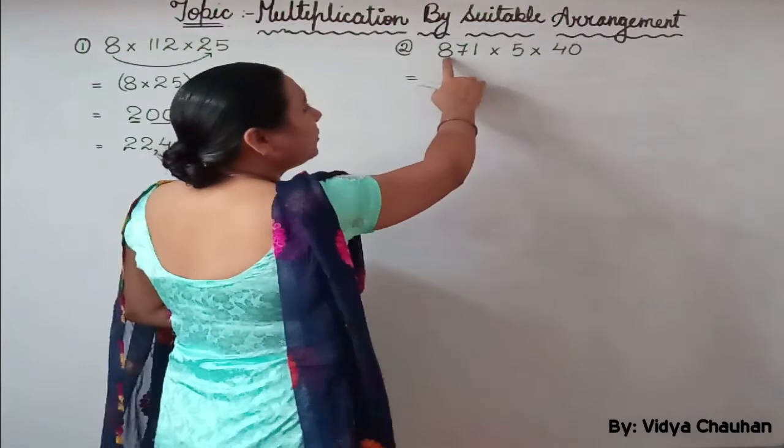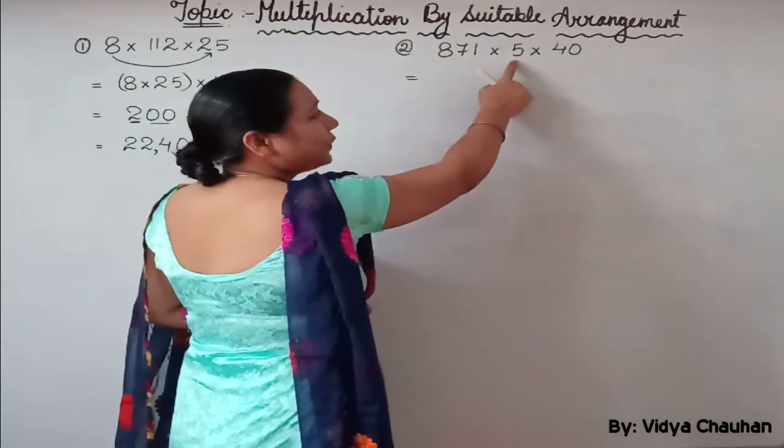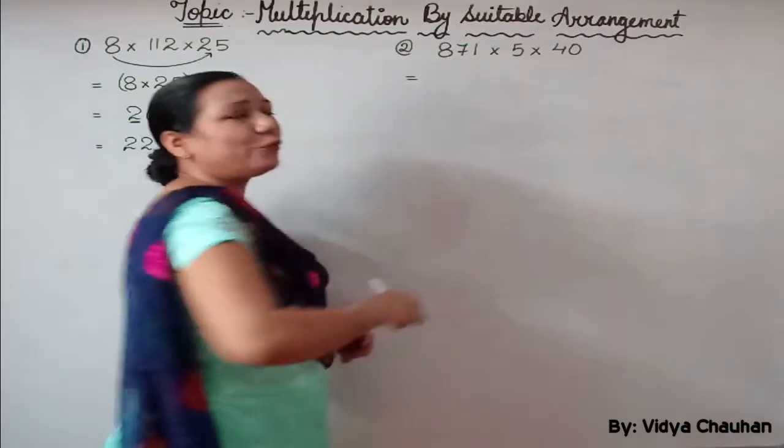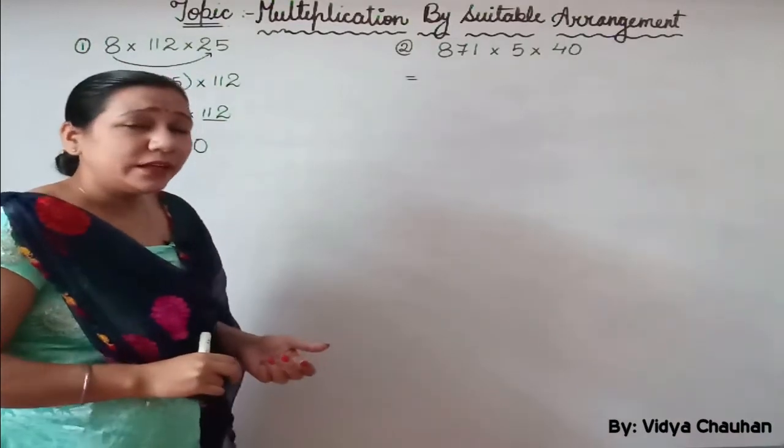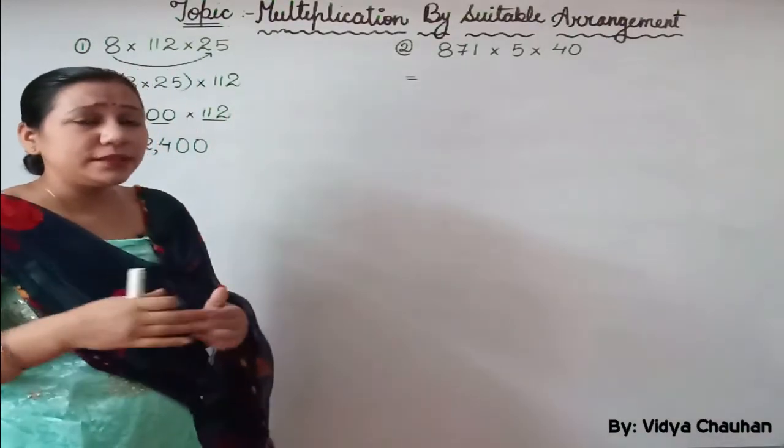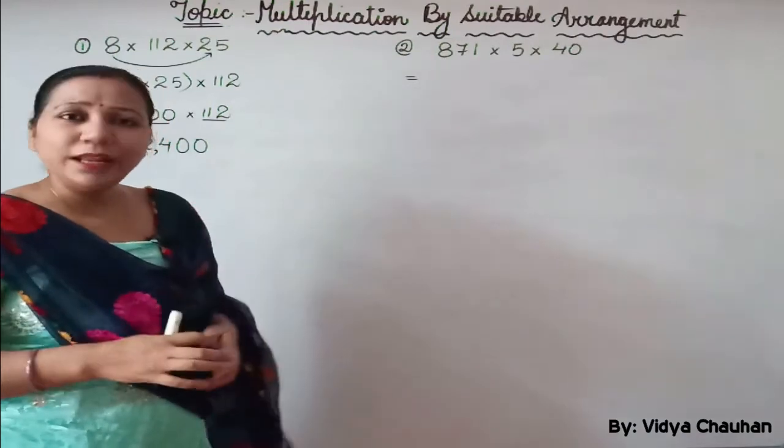Here you have to multiply 871 with 5 and then multiply it by 40. Once again, if you multiply in order, in a sequence, that is going to be very long.